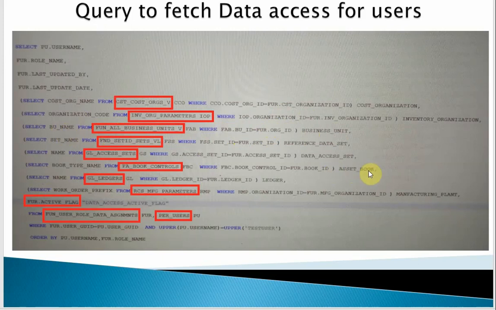Similarly, for asset book, in order to get the asset book name, I have used the base table FA_BOOK_CONTROLS, and I have linked the book control ID of this table with the book ID of the master table to get the book type name.